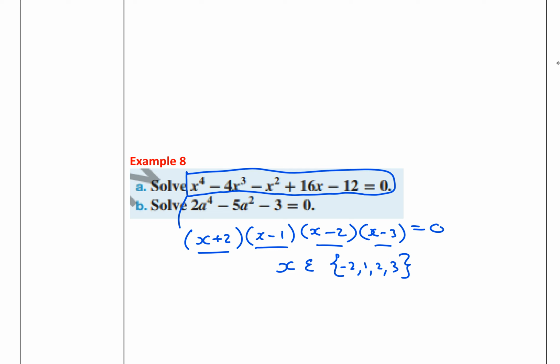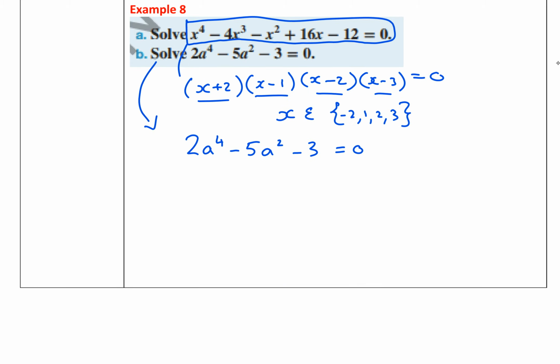Now that's easy enough. Suppose we had to solve 2a to the 4 minus 5a squared minus 3 equals 0. Well, we've got this in standard form, but you may recognize that we again have a trinomial, and that middle term is something squared.